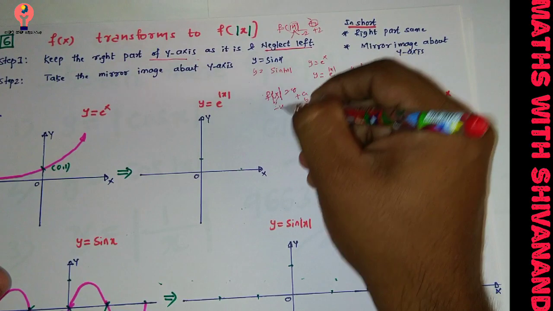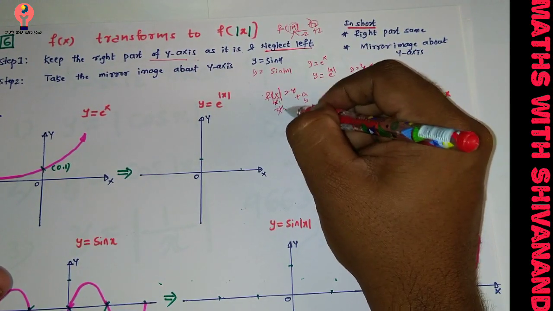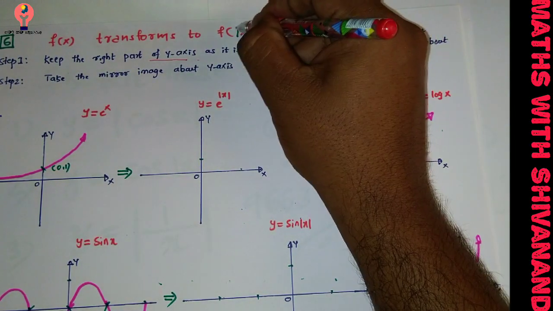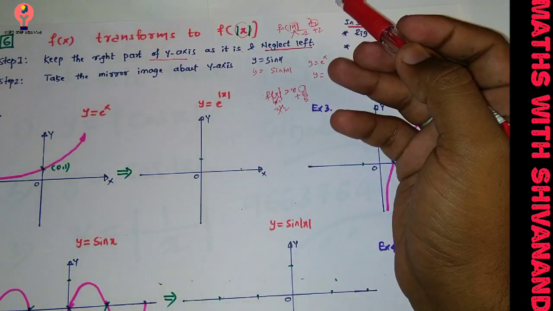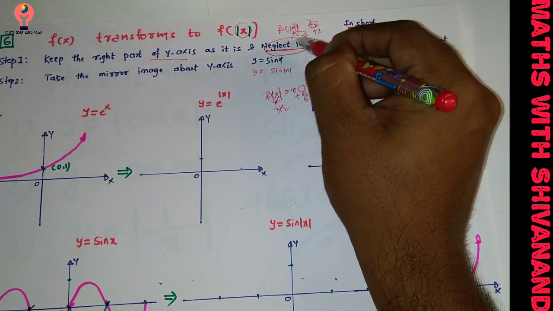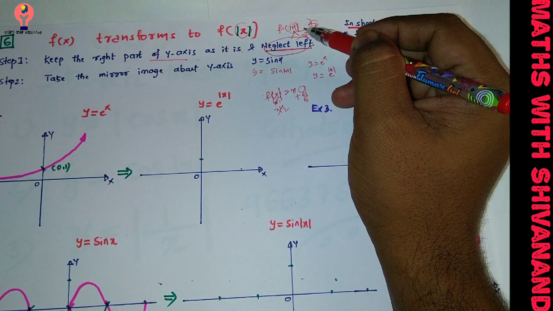If I apply modulus, for an x1 value as well as an x2 value, the output remains the same. Because of mod, whether you give positive input or negative input, the value of y remains the same. Because of that, you need to neglect the left portion of your y-axis, nothing but ignoring the negative x-axis values.